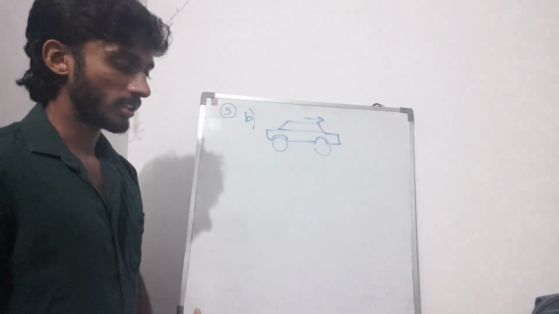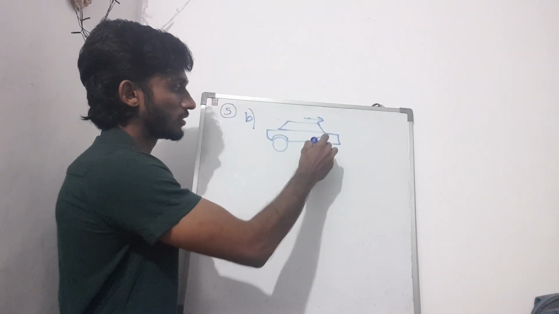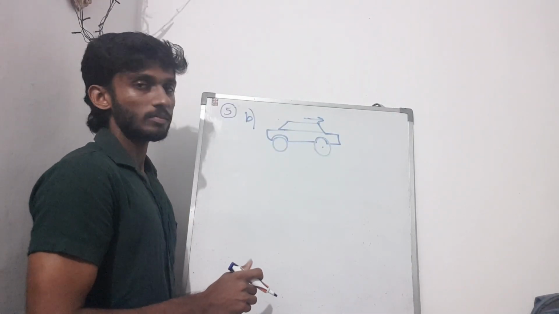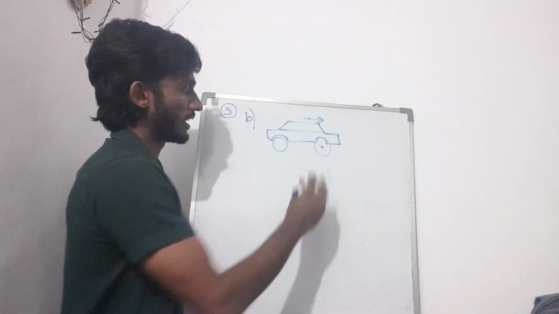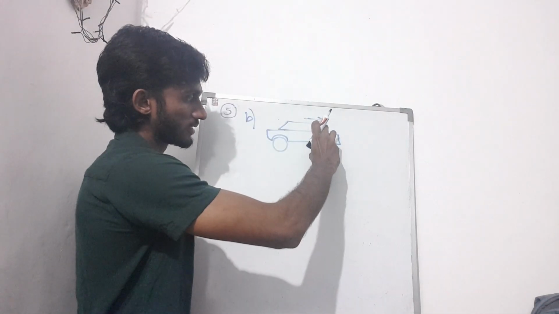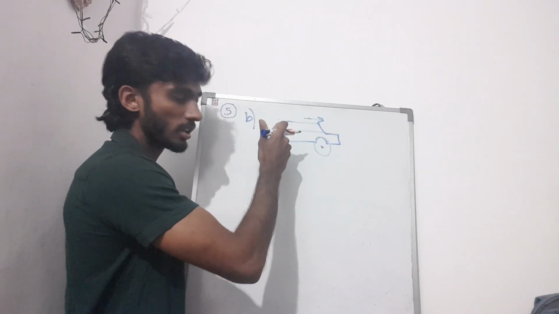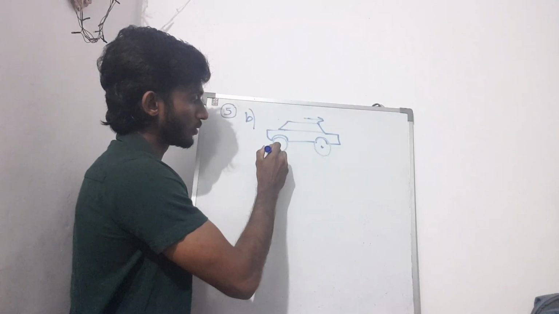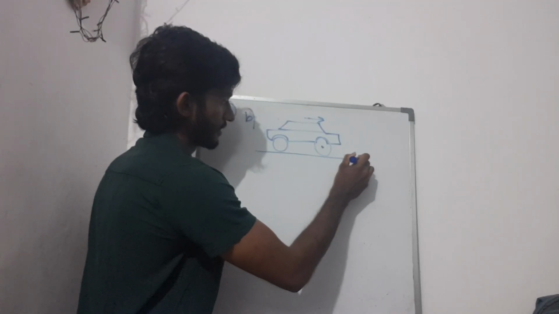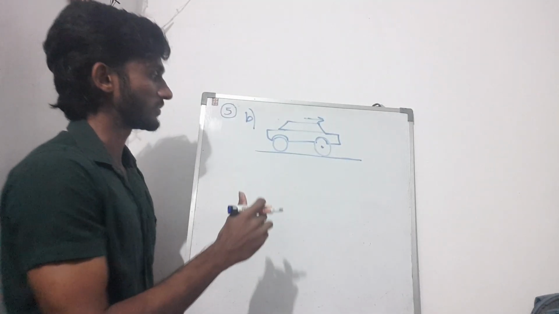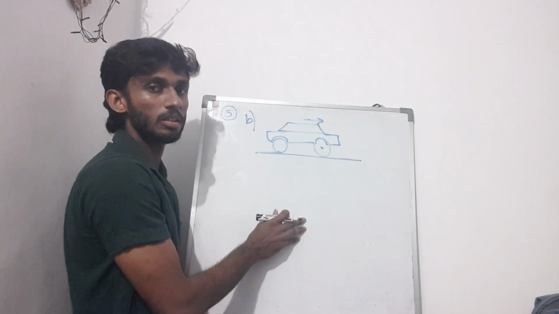In the front wheel drive car, the front wheel uses the force to move. The engine is directly connected to the front wheel. Then the front wheel starts rotating and the car is moving. Then also, due to the friction force, the rear wheel also rotates.